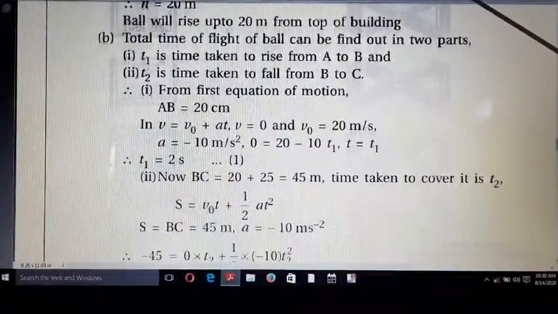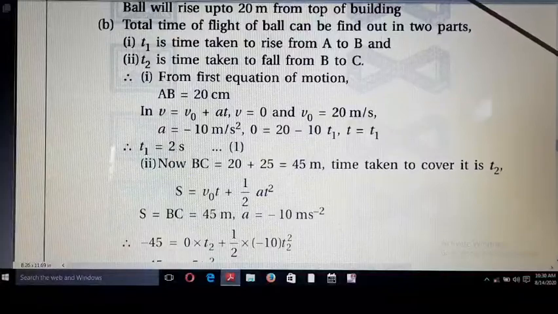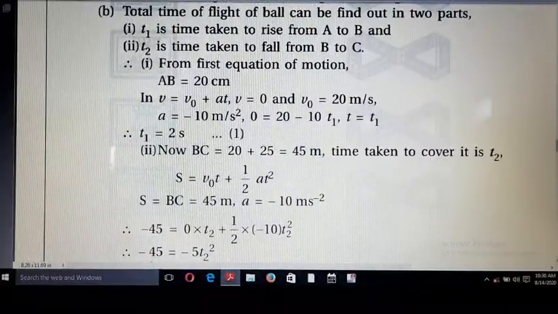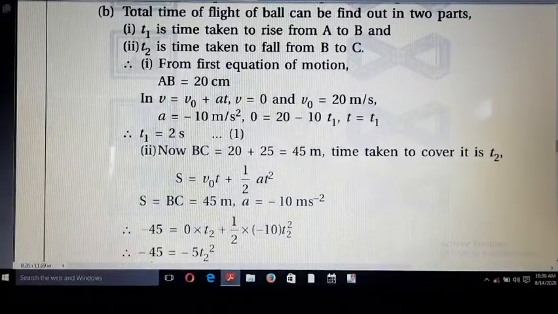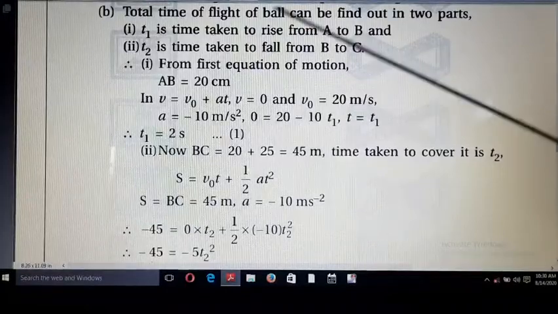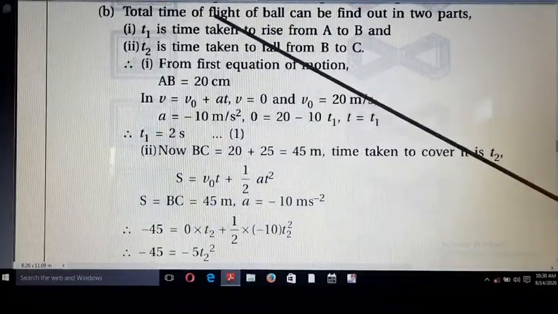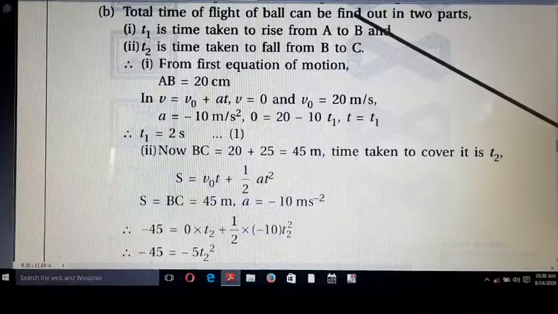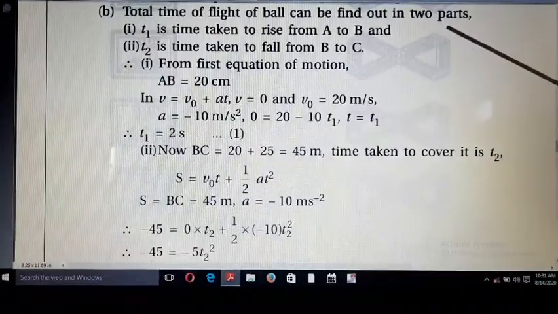Second number. Now in second number, we want to find out time. Now we have two methods to find out time. In first method, total time of flight of ball can be found out in two parts.